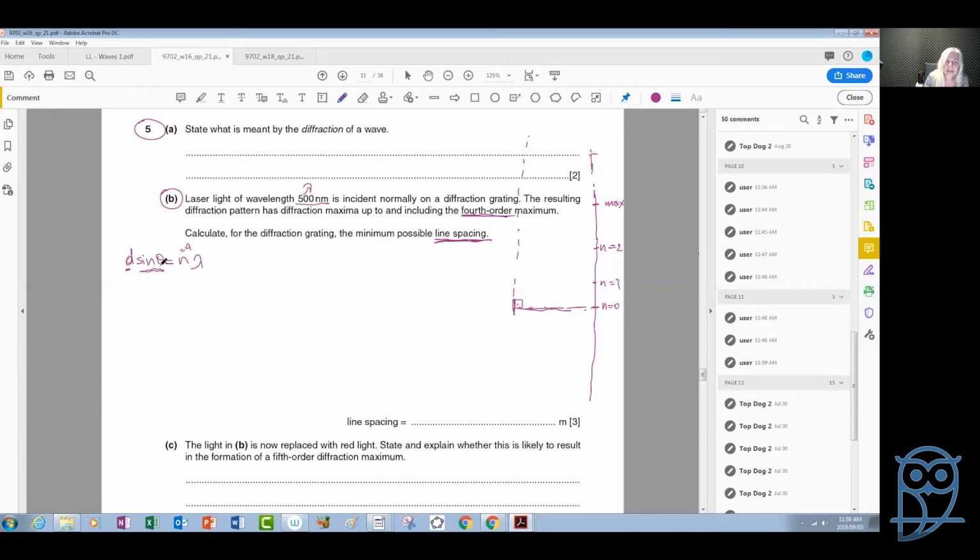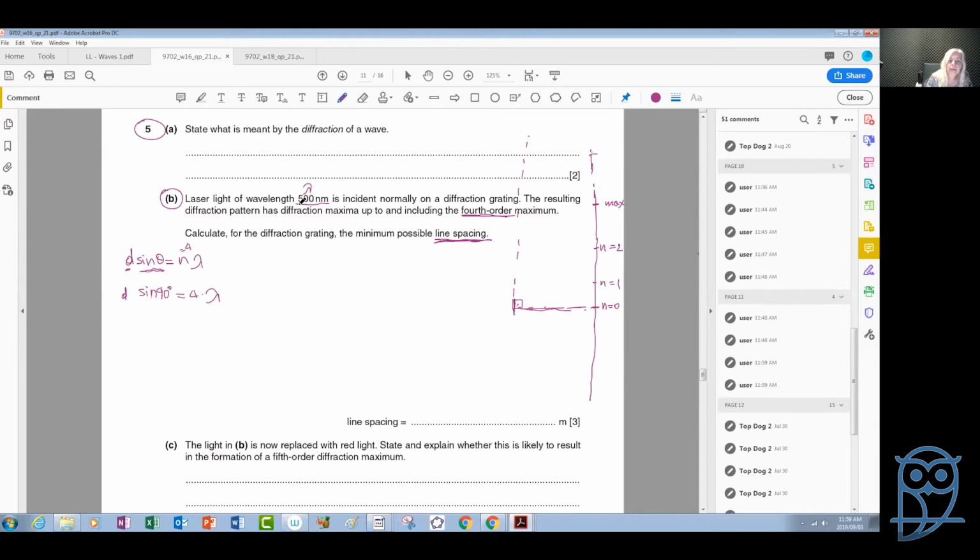We assume that this angle theta becomes 90 degrees, because we cannot see anything else anymore, and this corresponds to the maximum of n equals 4.